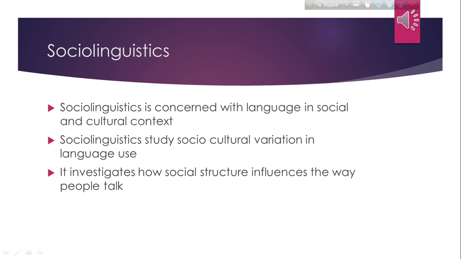In the West, this term was first used by American linguist William Labov and British linguist Basil Bernstein in the 1960s. William Stewart and Heinz Claus introduced the basic concepts of linguistics. Sociolinguistics investigates how social structure influences the way people talk.